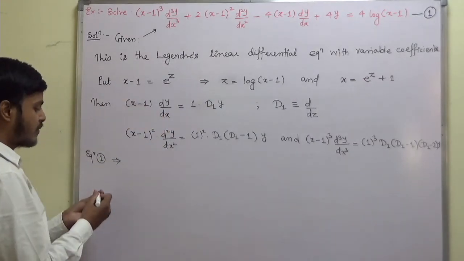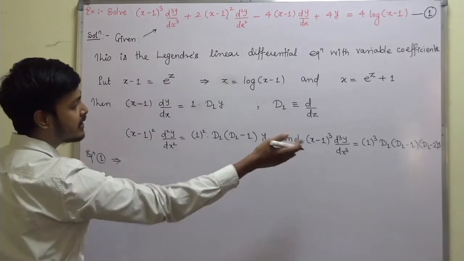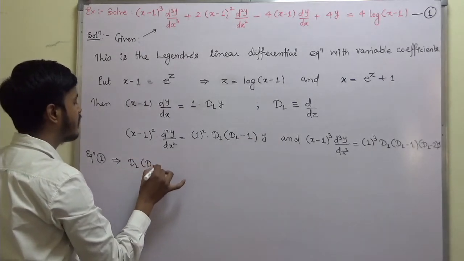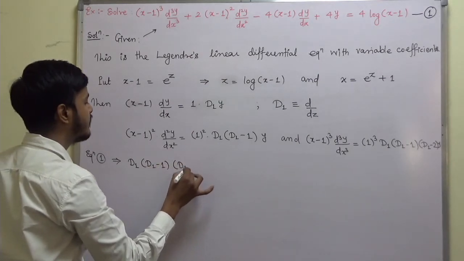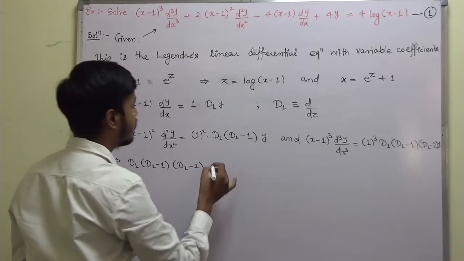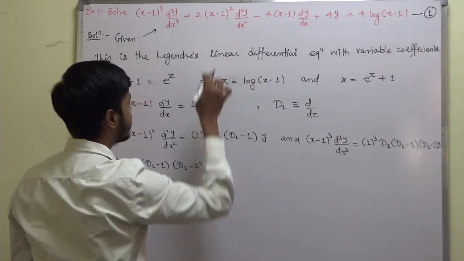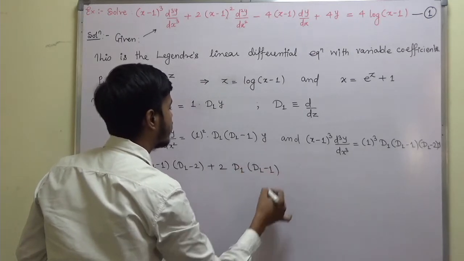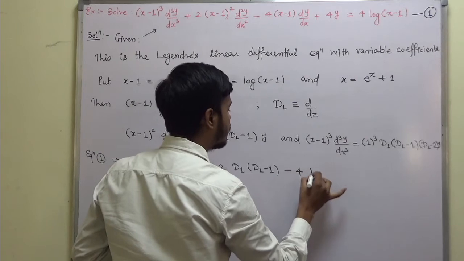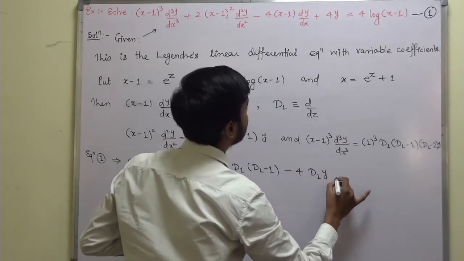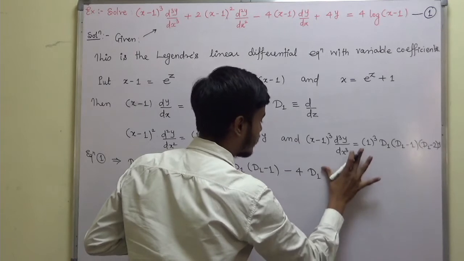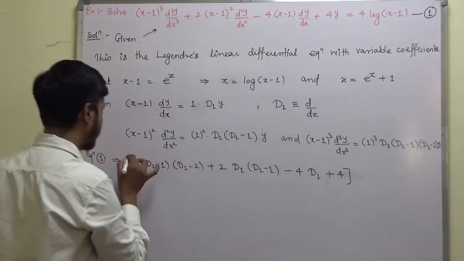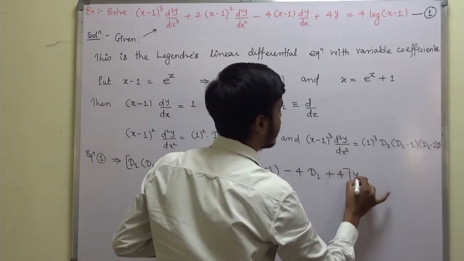So we get D1 into (D1 minus 1) into (D1 minus 2), taking y common throughout, plus 2 into D1 into (D1 minus 1), minus 4 D1 y plus 4 y common, is equal to 4.